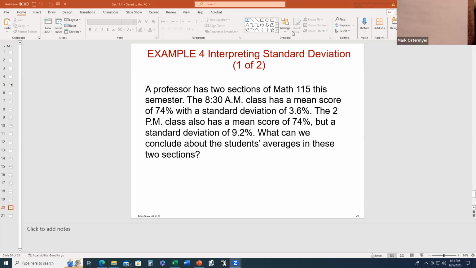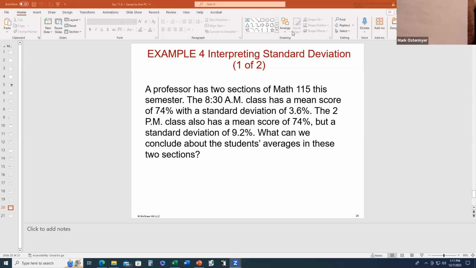Then what would we conclude as being the differences? What would be the main difference between the morning and afternoon section if they did have the same size class? I'll give you a hint. The answer lies in the standard deviations. Okay, so what's the difference here?